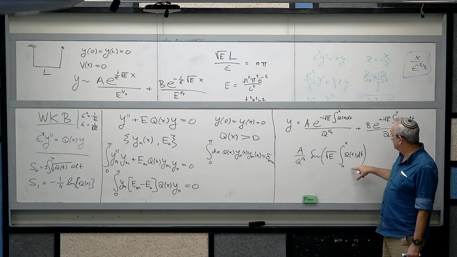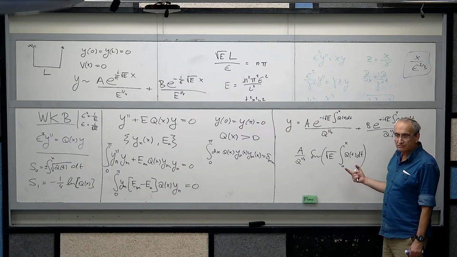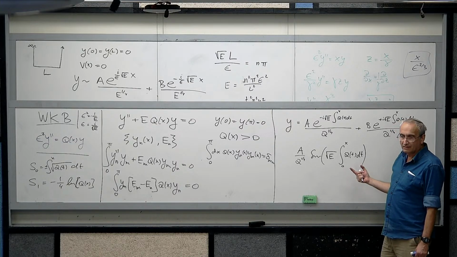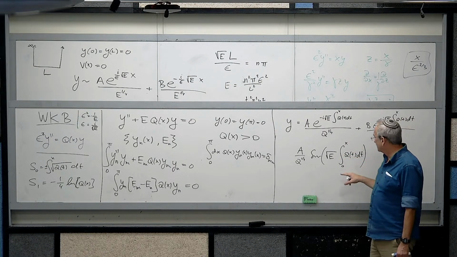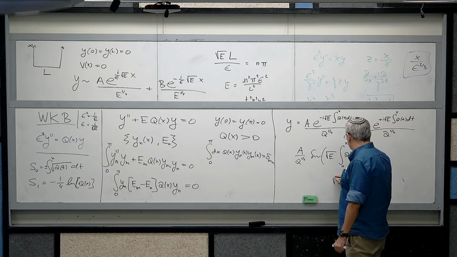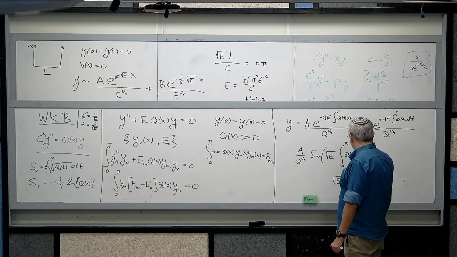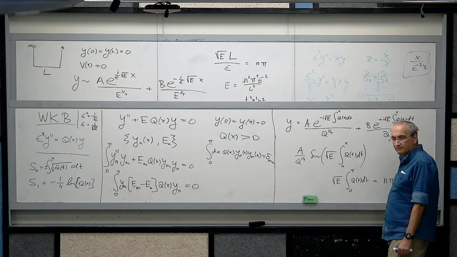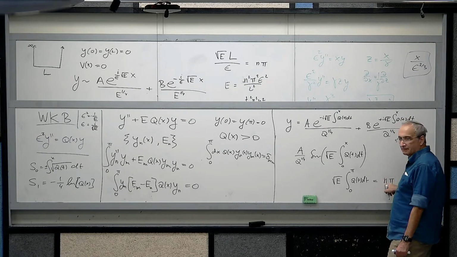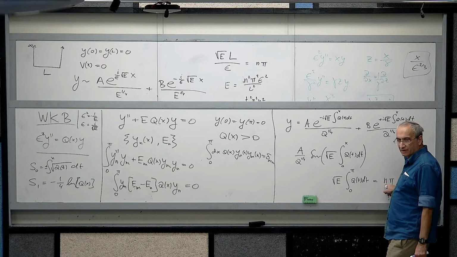And now what I have to make sure? That when x is pi, this is n pi. So the quantization condition is square root of e times the integral from 0 to pi of q of t dt must be equal to n, right? N from 1, because if n is 0, then I have 0 everywhere.